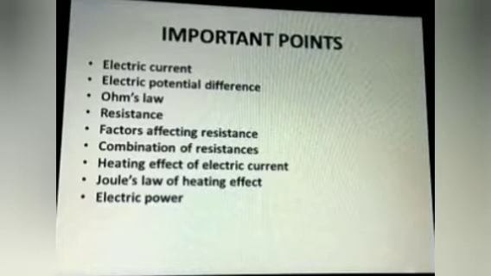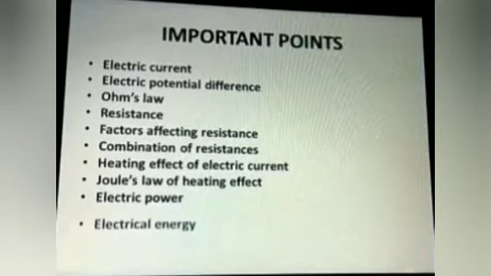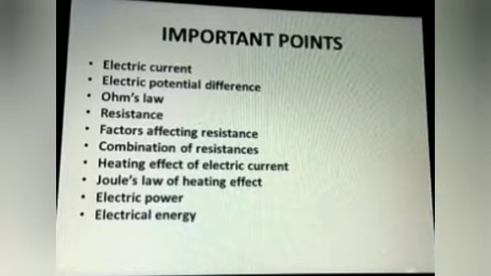Electric power: the rate of consumption of electrical energy is called electric power. Electrical energy: the total work done by a device due to the passage of electric current is called electrical energy.